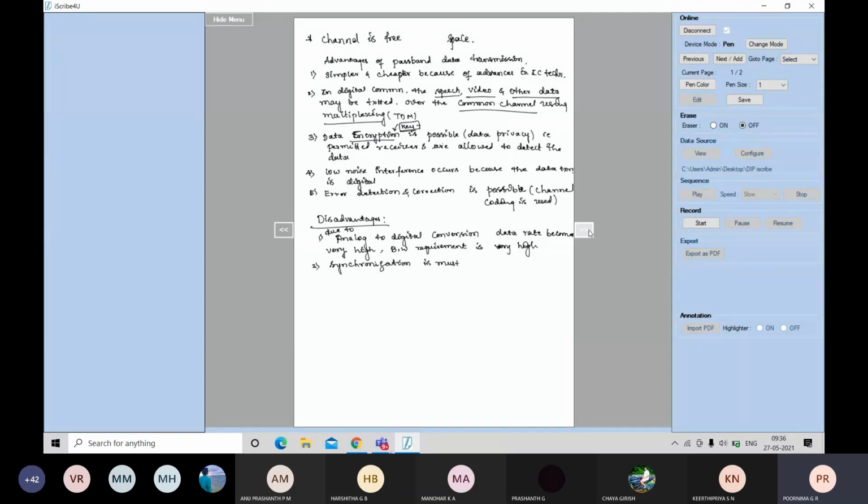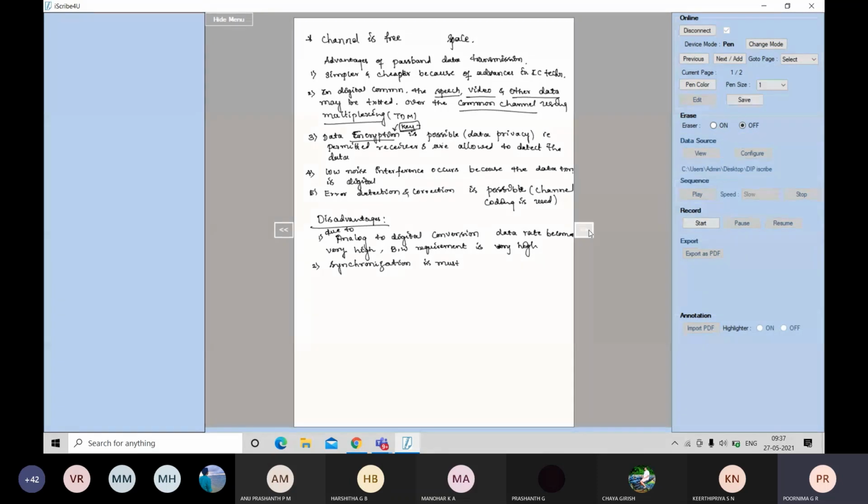And when these digital modulation techniques make use of synchronization, coherent detection should be used.